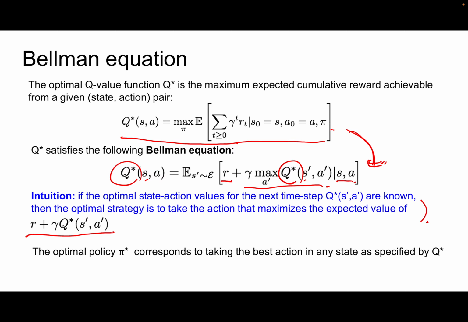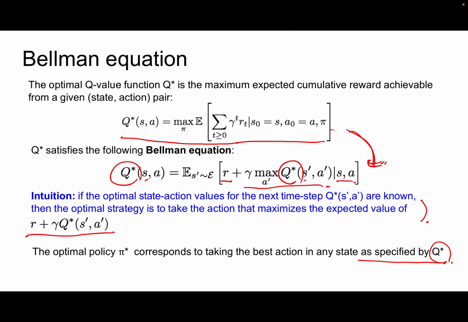So the optimal policy pi star, which corresponds to taking the best action in any state, is specified by Q star. Of course that is true. But the important thing is that Q should be accurate, right?